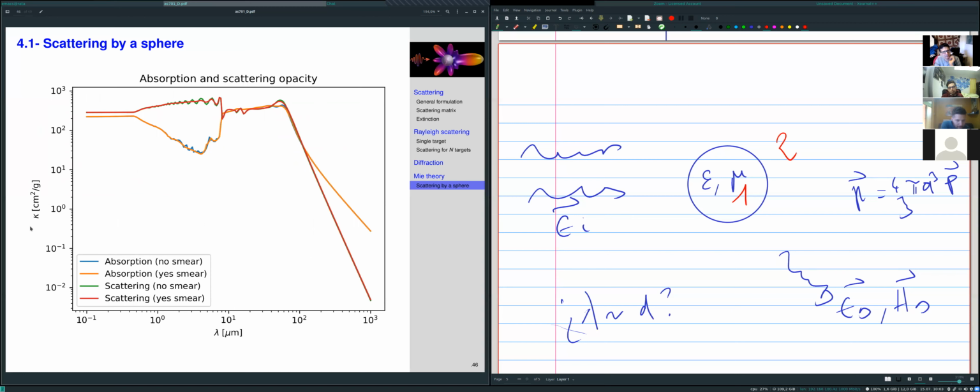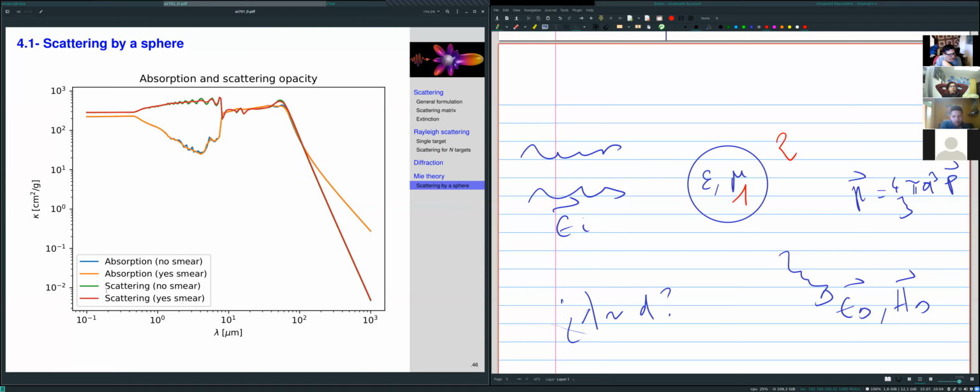We have absorption. These are different cases where we have the blue line. Let's look at the orange line. The orange line is the absorption with smearing, meaning smearing in grain sizes.